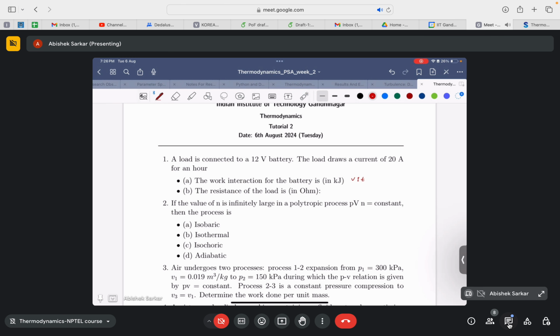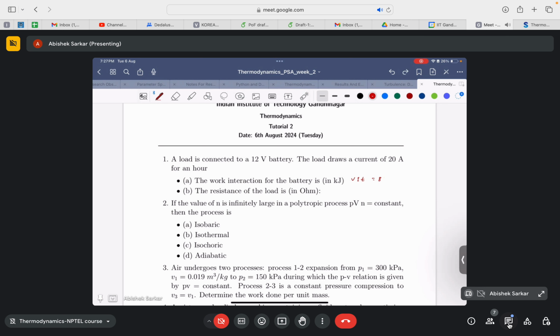Just substitute the values and find the answer. 64 kilojoule. Okay, that's correct. It's 64 kilojoule.